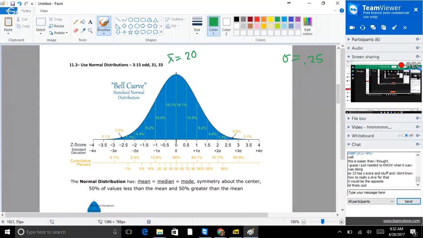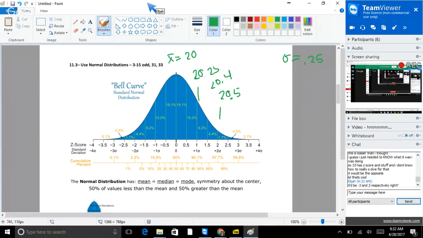So 1 standard deviation above will be 20.25, right? 2 standard deviations above would be 20.5. Yep. So they want to know what's the z-score for 20.4.